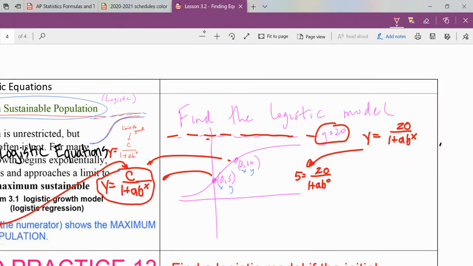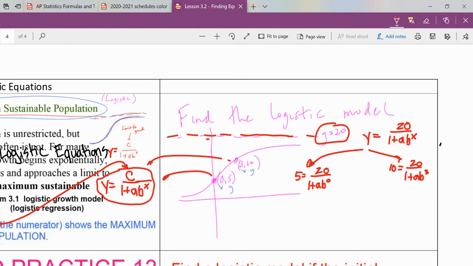Then I create the second equation using the other coordinate: 10 is the y value, equals 20 over 1 plus ab to the x value, which is 3. So I've really got two equations and two unknowns, and I'm going to have to solve this, probably best by substitution.